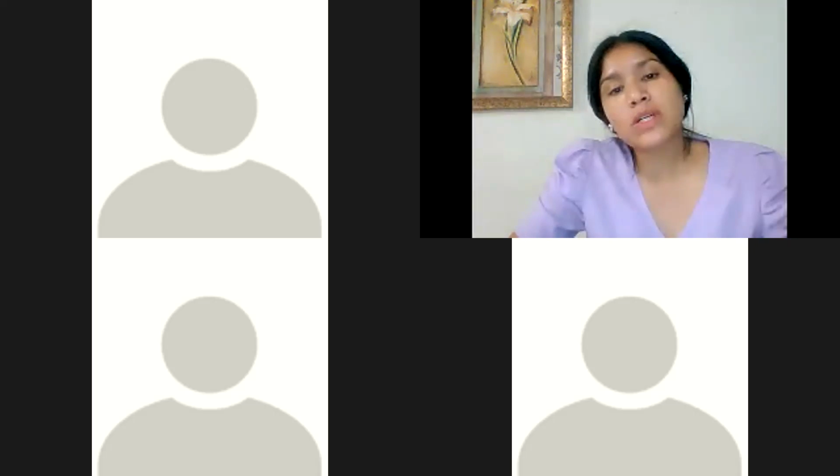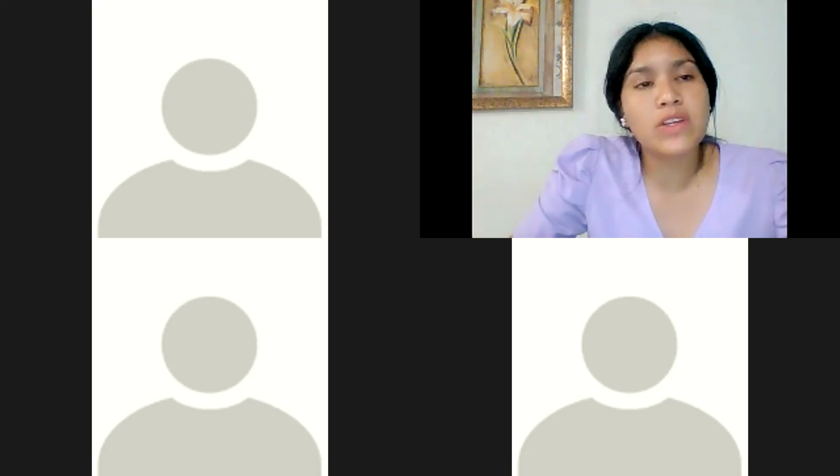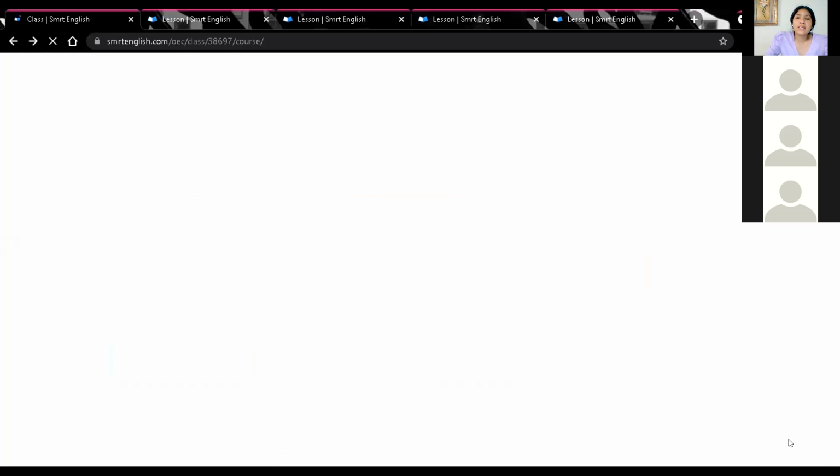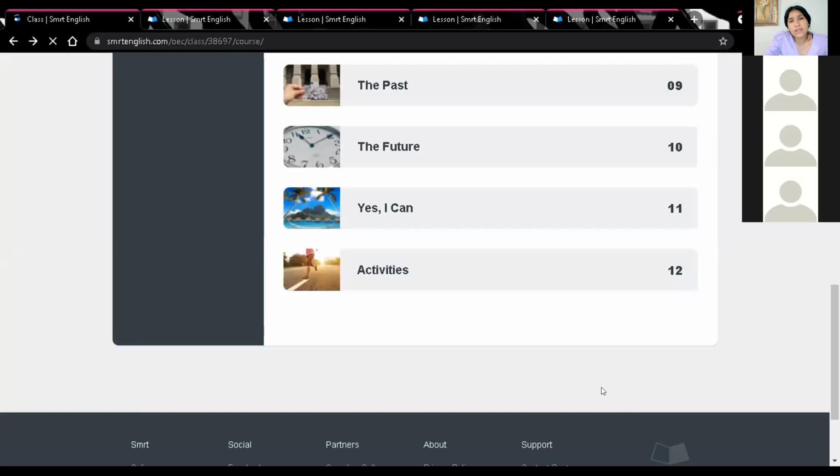So in this course, we are going to work with the unit 3 and 4 of the 120 level. We are currently working with the last levels. It has 20.